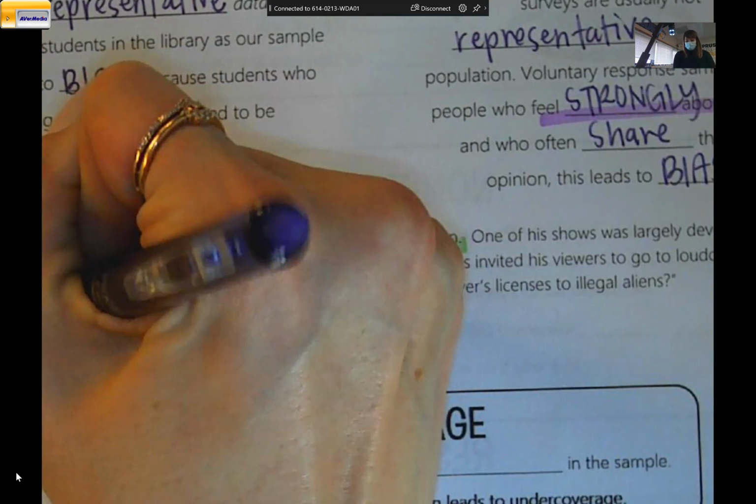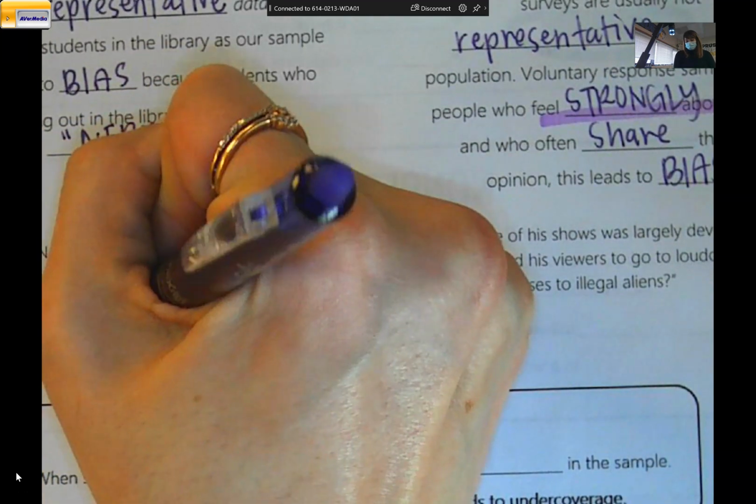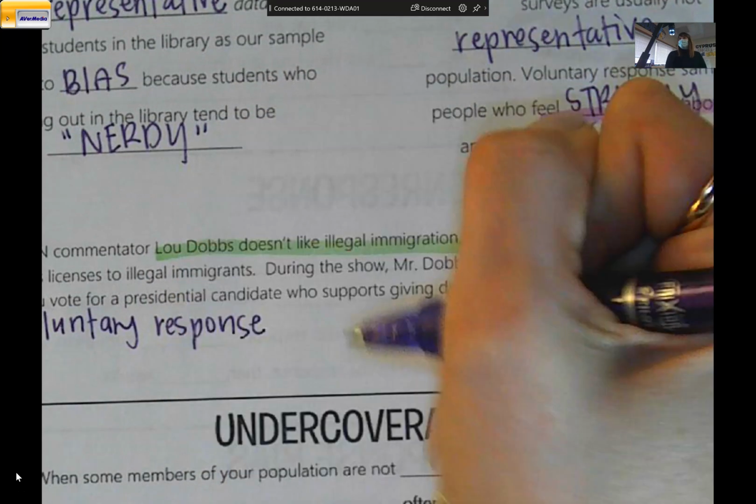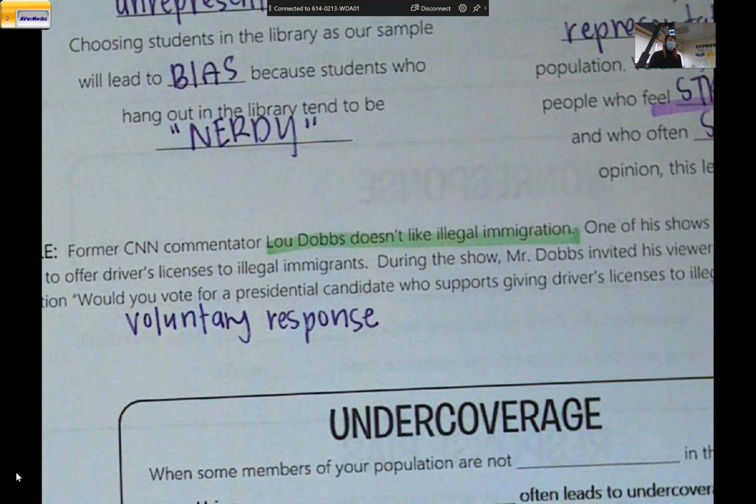So first of all, make a note that this is a voluntary response sample. These listeners have to go to his website to answer this question. Number 2, if you're listening to Lou Dobbs, it's probably because you're a fan of Lou Dobbs. You agree with him. If you hate his guts, why would you spend any time listening to his show?